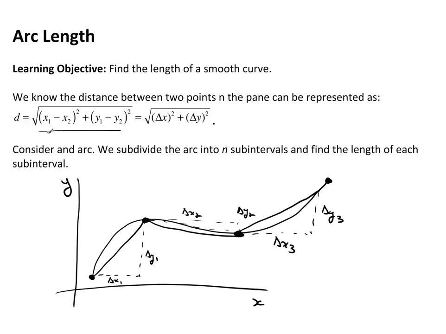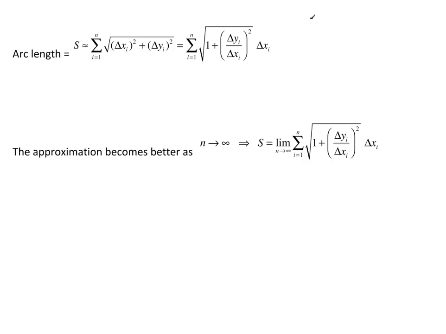The next piece, rather than x1 and x2, would be x2 and x3, the difference between these two, and so forth. So I can represent this as the sum, i equals 1 to n, in this case n would be 3 because I broke it up into 3 pieces, of the square root of delta xi squared plus delta yi squared. This is just adding up to 3. With a little bit of algebra, I can write it in this form.